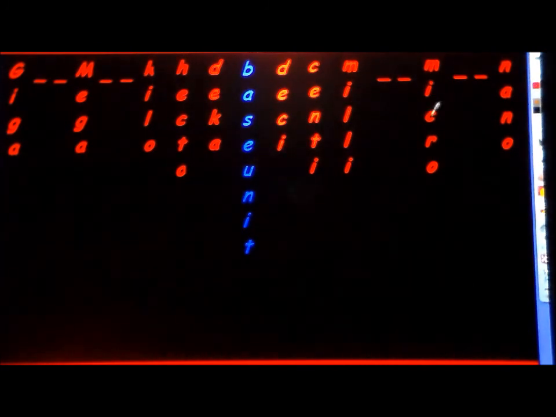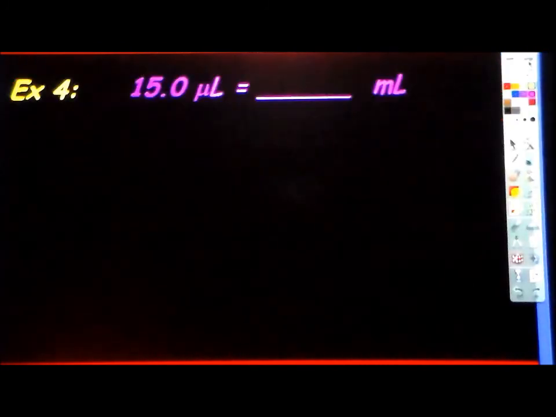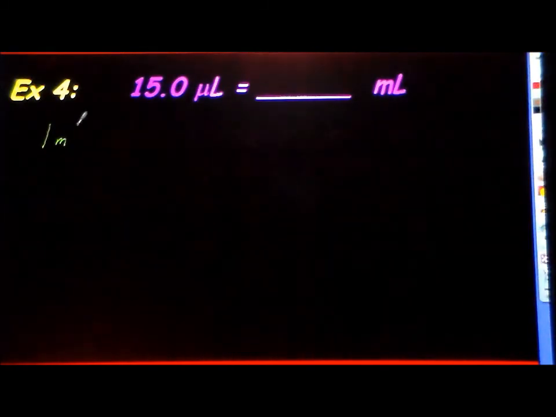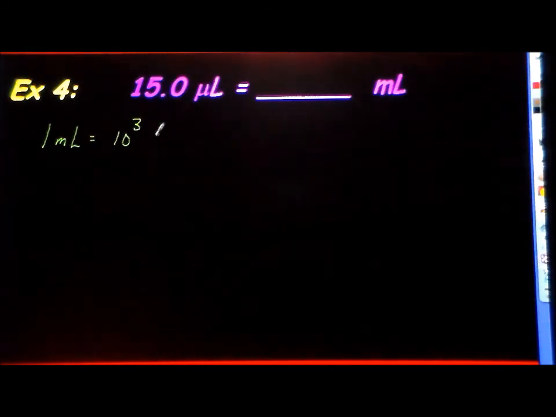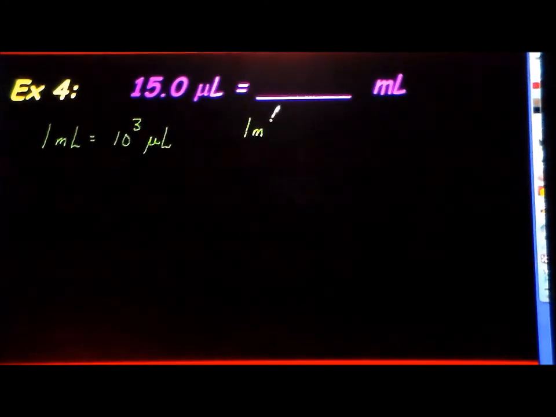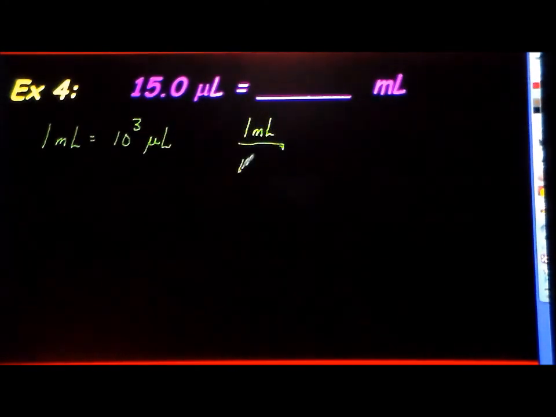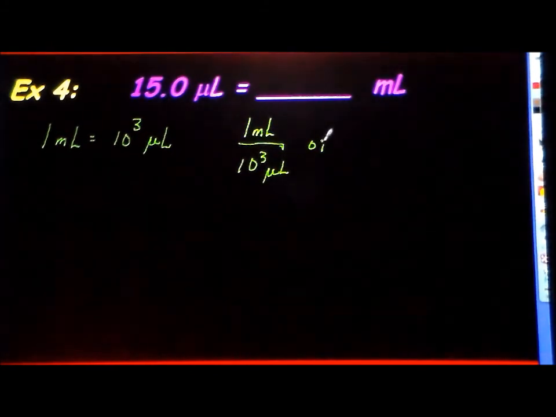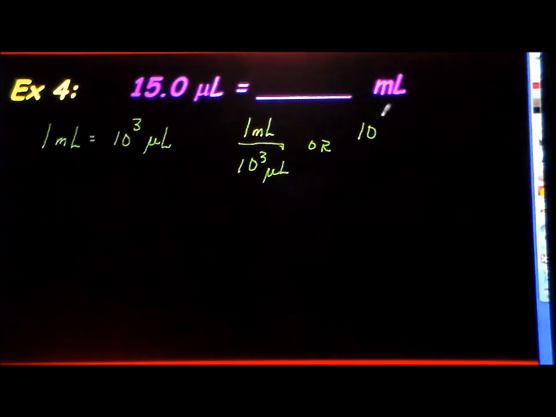And then it's 3 spaces to micro. So I will have 1 milliliter giving me 10 cubed because it was 3 spaces to get to microliter. So my conversion will be 1 milliliter to 10 cubed microliters, or 10 cubed microliters to 1 milliliter.